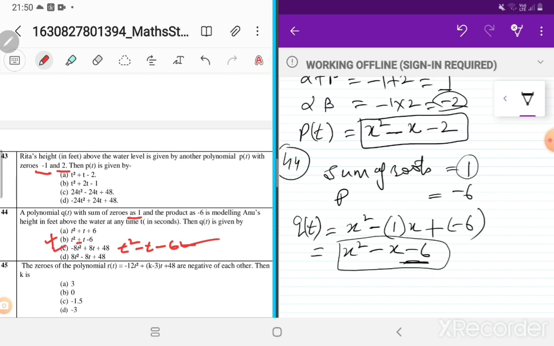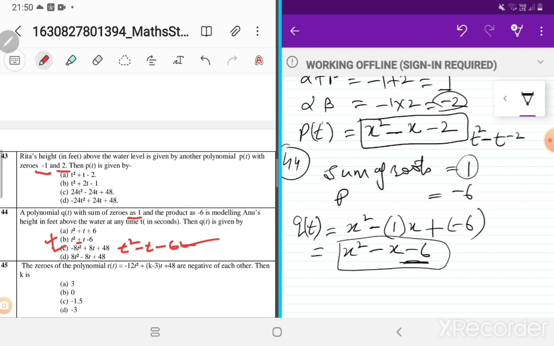If I look at D, why is D not the answer? Again 8 is common, so I am dividing the whole equation by 8. So I got t square in D. T square means x square. I took x here as an example, like we take fx. If the equation is in t, we have to take t here. You can write this equation also in the form of t: t square minus t minus 2.